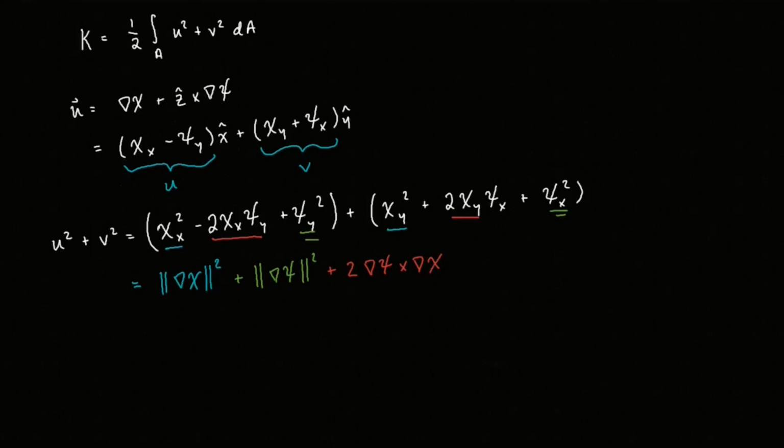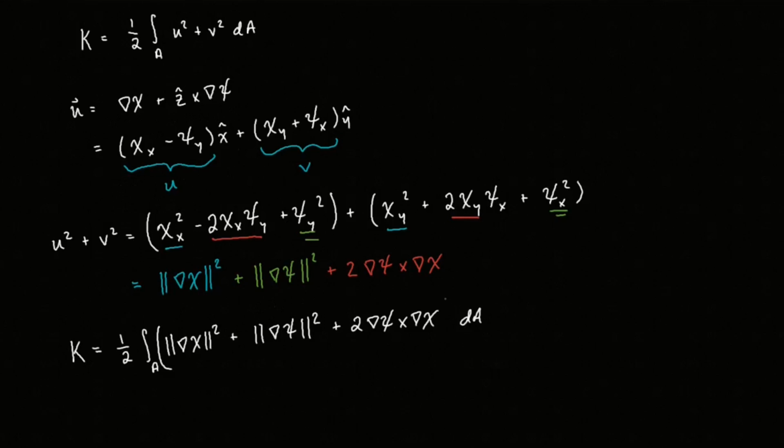Okay. So altogether, we can write the total area integrated kinetic energy as grad chi squared plus grad psi squared plus 2 grad psi cross grad chi dA. Okay.